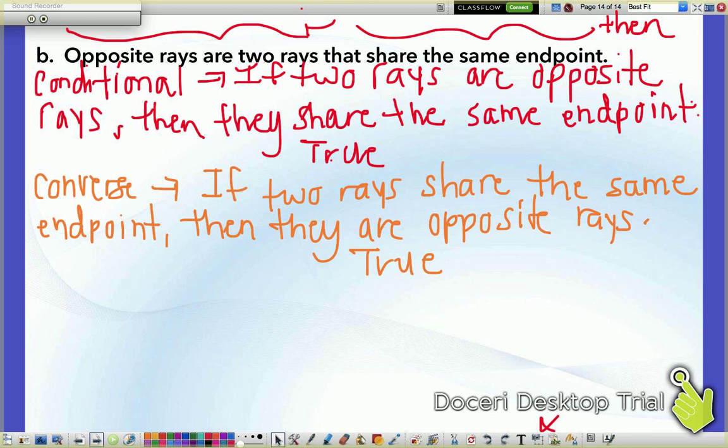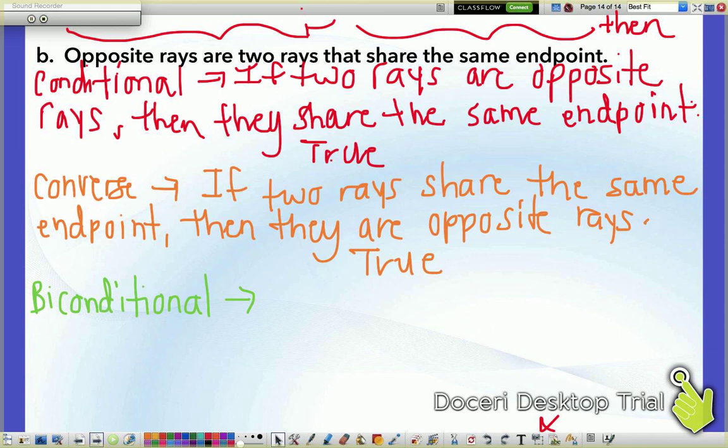Okay, biconditional. So remember the word bi means 2, biconditional, so if my 2 statements are true, I can write 1.